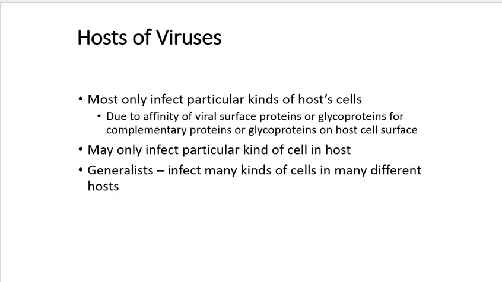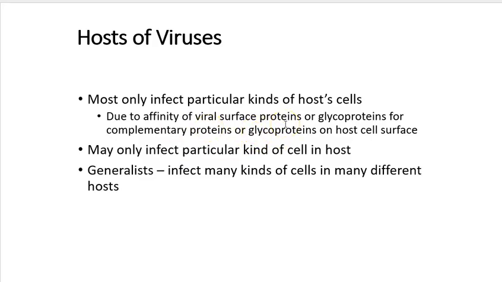The other way we classify them, as I mentioned, is the kind of host. Most of these viruses only infect a particular kind of host cell because they have to be able to bind to it. They have an affinity that's complementary to the proteins and the glycoproteins on the host cell.